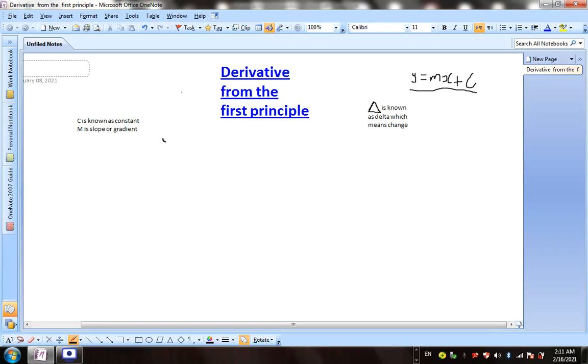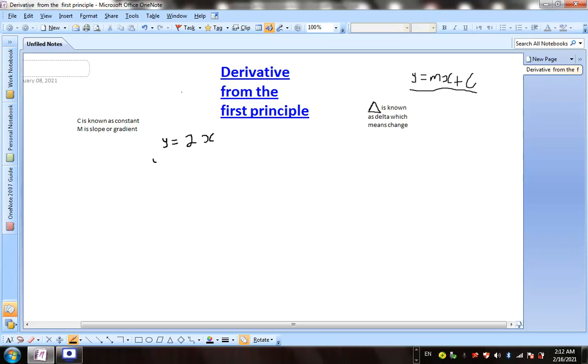Now suppose we have y is equal to 2x. How can we differentiate this using first principle?